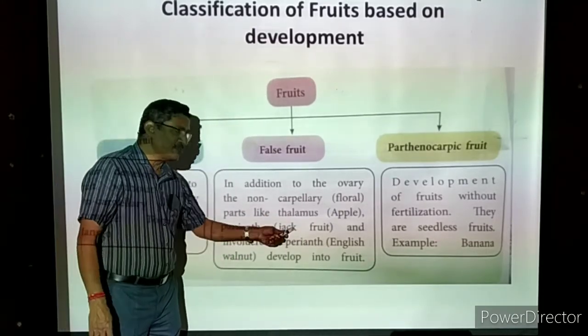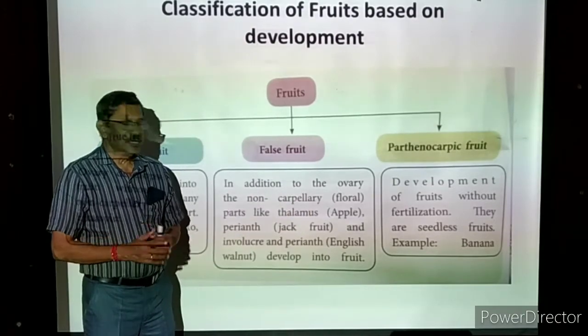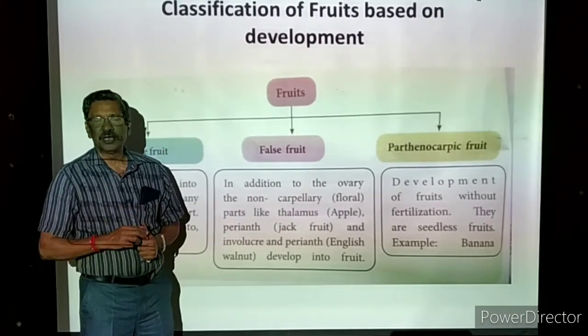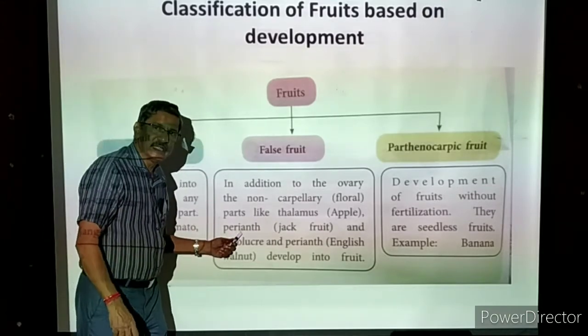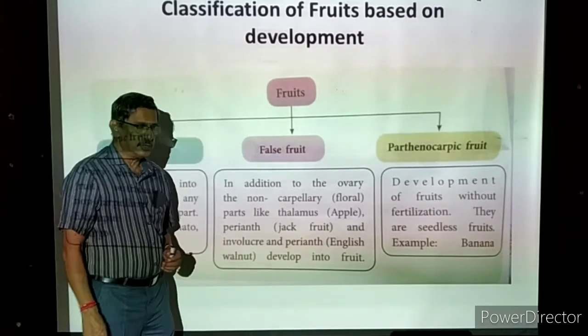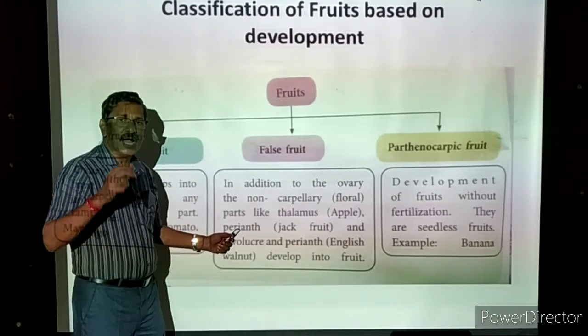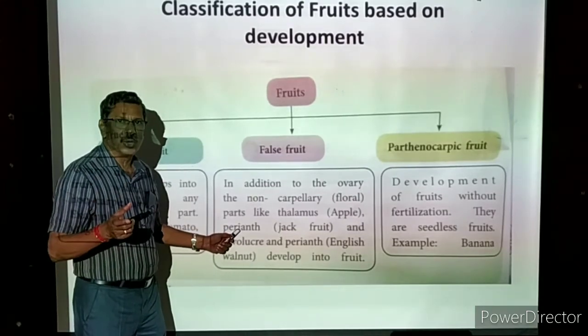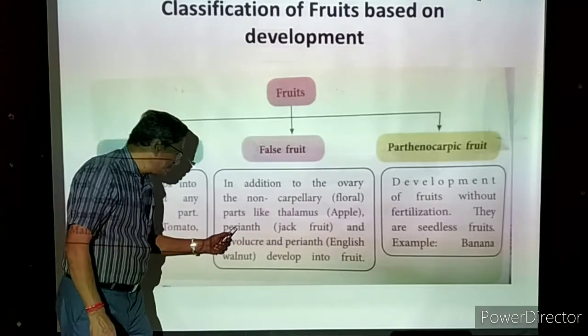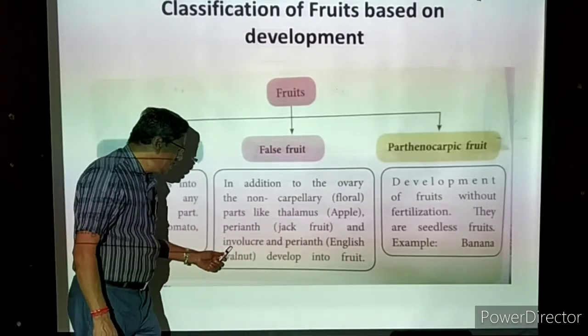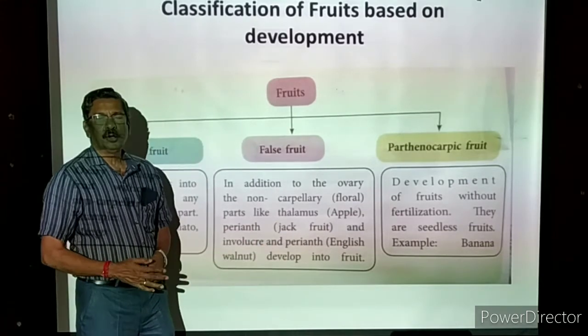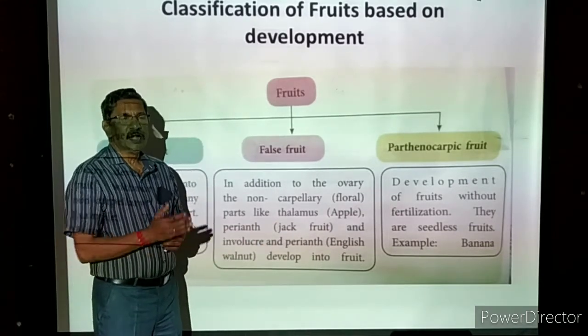Next, perianth, in the jackfruit we just mentioned. In the jackfruit, the edible part is thick and fleshy, very tasty. That region is developed from the perianth, the undifferentiated calyx and corolla, that is sepals and petals. So sepals and petals give the edible part. Then involucre and perianth, in the head inflorescence we have studied.